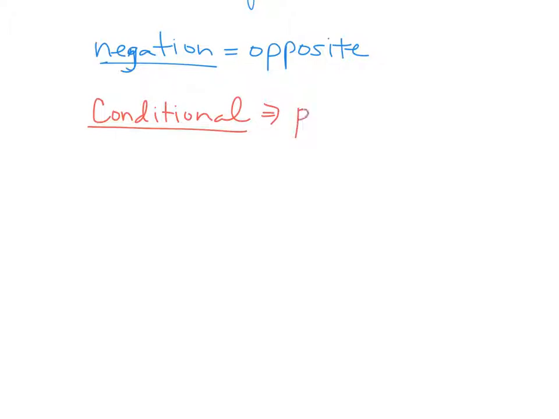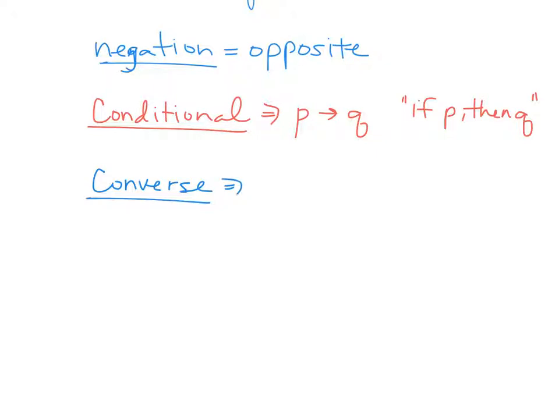The conditional statement is said if P, then Q. So we're saying if P, then Q when we see this. Okay, you say that if P, then Q. Okay, so if that's my conditional, can you tell me what the converse of that would be? If Q, then P.